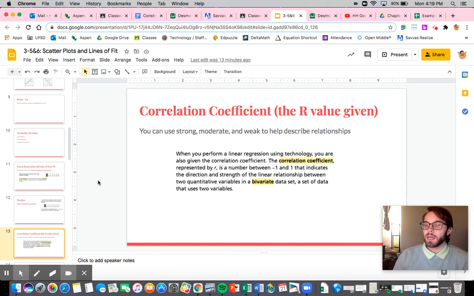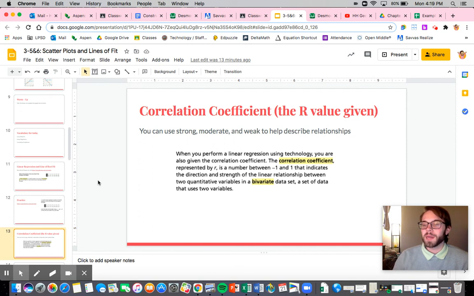Those are going to indicate two things: the strength and the direction of the relationship between your two variables. So it gives you two pieces of information. Piece of information number one is, is it positive or is it negative? If it is positive, it is a positive correlation, and if R is negative, it is a negative correlation.